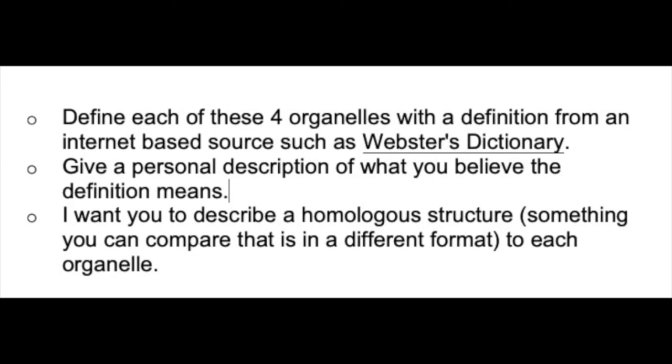Now, homologous means something that is similar, like the toolbox I brought in earlier. We want you to find something and explain to us how that thing is like the cell membrane. If you need to take a picture of it and insert it there, that would be great too. Do that for all 4 of our organelles of today: cell membrane, the nucleus, the mitochondrion, and the vacuole.